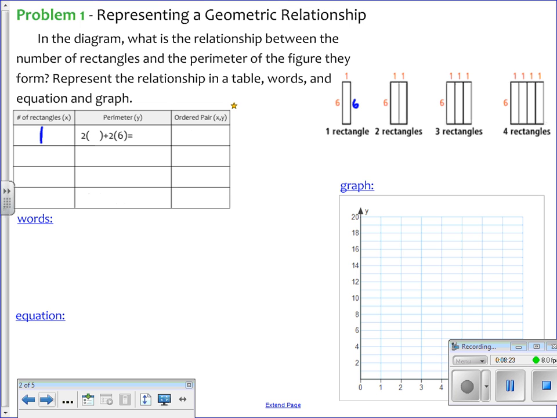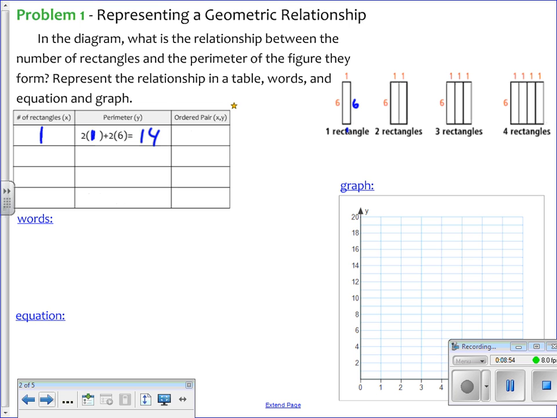Now the other one is 2 times, because I have 1 on top and a 1 on the bottom, they add together to give me 2. 2 times how many rectangles I have. I have 1 rectangle. So that perimeter of the first one, 2 times 1, which is 2. 2 times 6, which is 12. 2 plus 12 is 14.